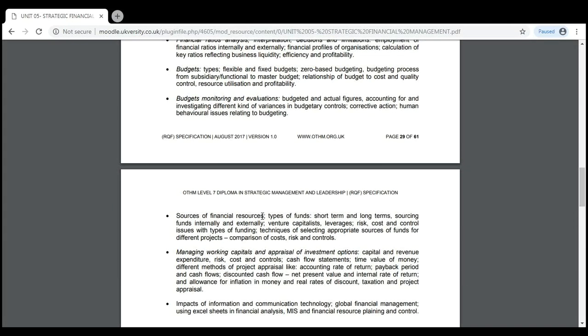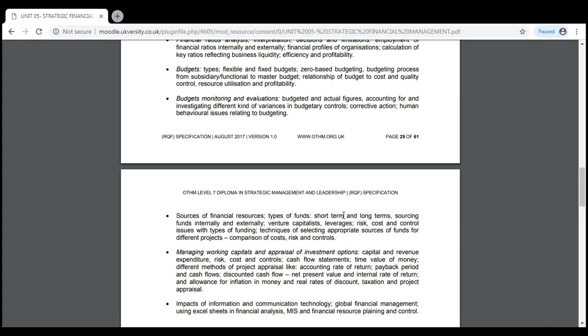Today we are doing sources of finance, the financial resources, types of fund, short term, long term, sources of fund internally and externally, venture capital, leverage, risk, cost, control, issues with the type of funding, techniques to select the appropriate source of fund for different projects, and comparison of cost, risk, and control.